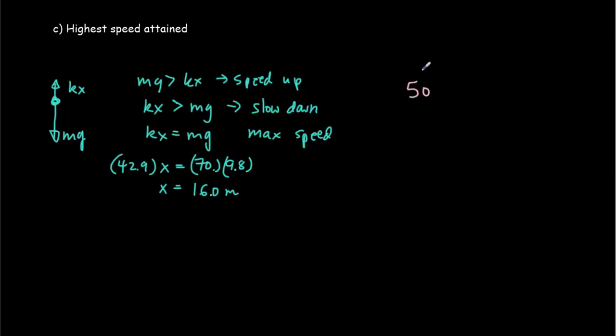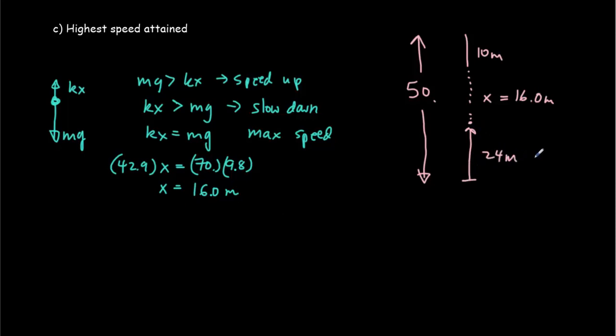So we had a total distance from the platform to the water of 50 meters, 10 meters of unstretched length, and then x here is supposed to be 16 meters. 10 plus 16 would be 26. That means that we're 24 meters off the water.